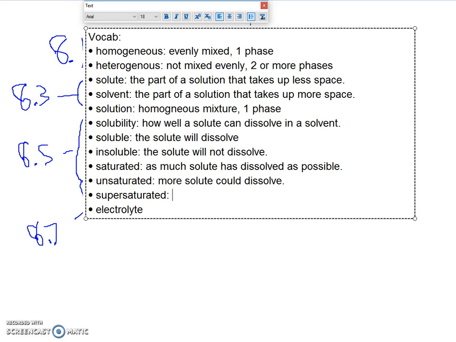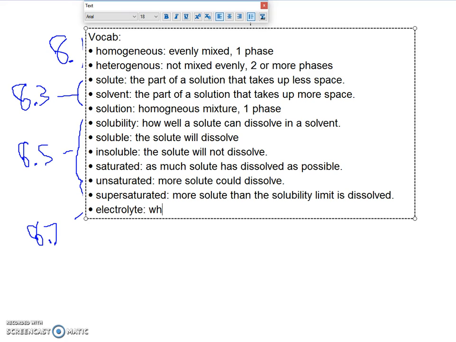And then supersaturated, this is very rare, but sometimes you actually dissolve more solute than the solubility limit. These are very unstable because the solute really does not want to be dissolved, so they tend to fall out of solution very quickly.